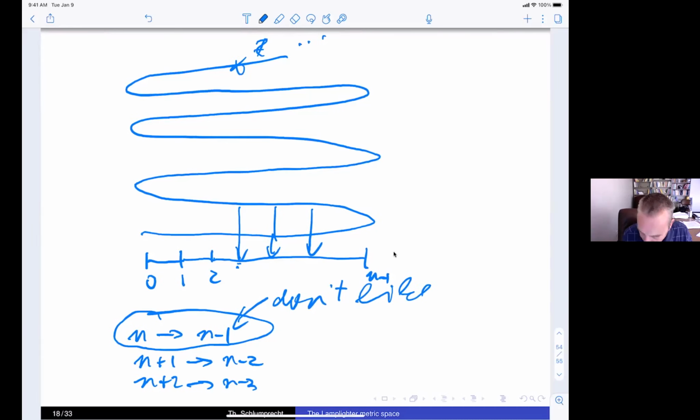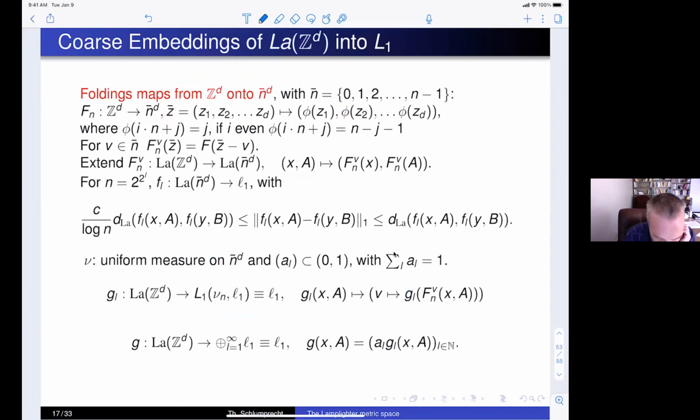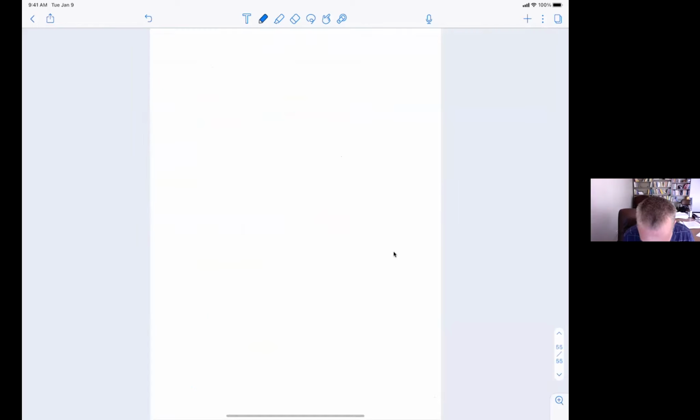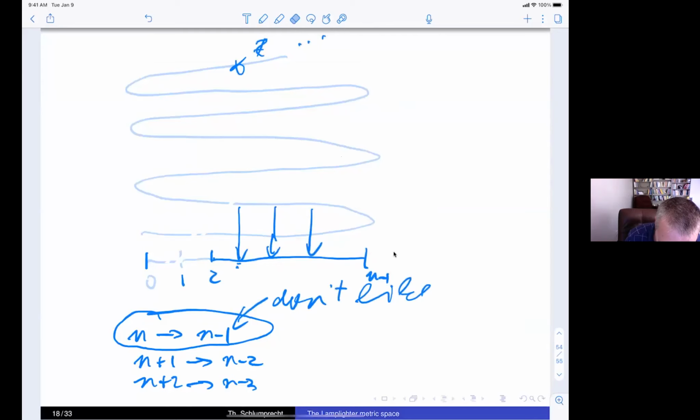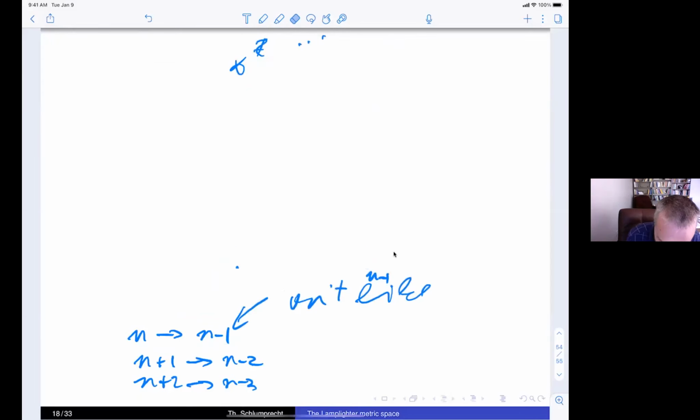So therefore I am looking at a shifted version of my folding map, and this looks like that. Sorry. I'm looking at a shifted version by simply starting with a v. So this is 0, this is v, and then going this way.